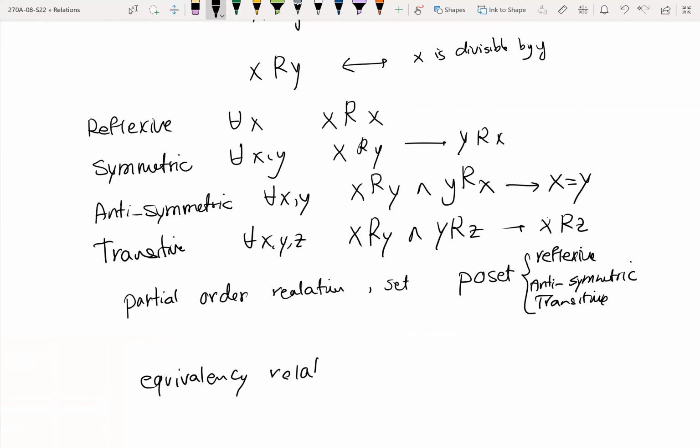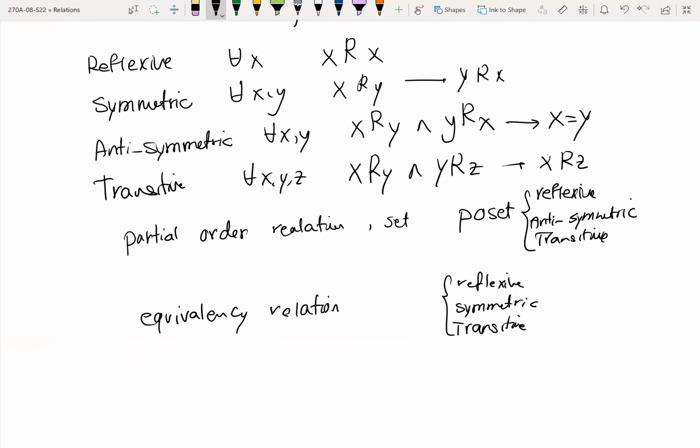And then we have the other one, which is the equivalence relation. An equivalence relation is reflexive and symmetric and transitive. And then we had another terminology of totally ordered relation.